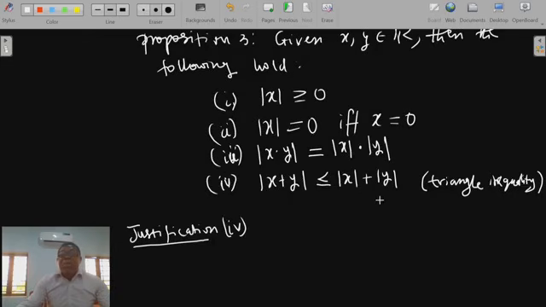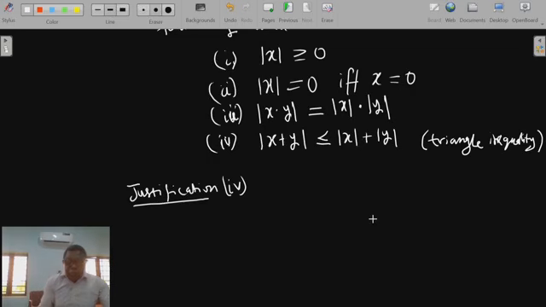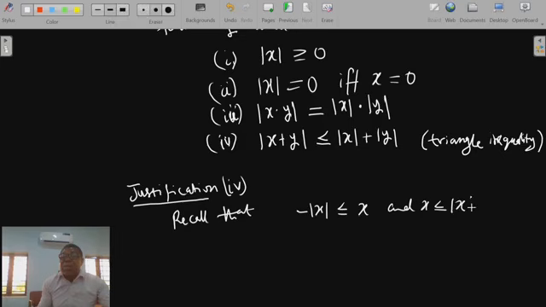So we should recall that minus absolute value of x is less or equal to x, and x is less or equal to absolute value of x, from that proposition 1. And that minus absolute value of y is less or equal to y, and y is less or equal to absolute value of y. We are almost repeating the same thing, but with the values x and y.